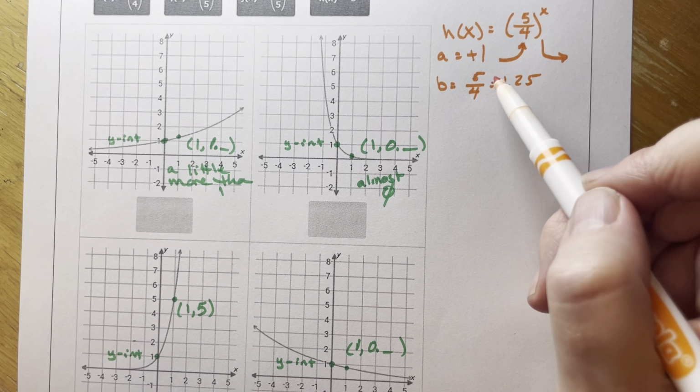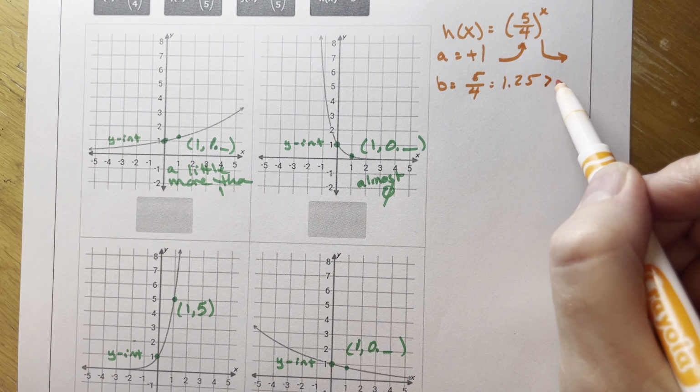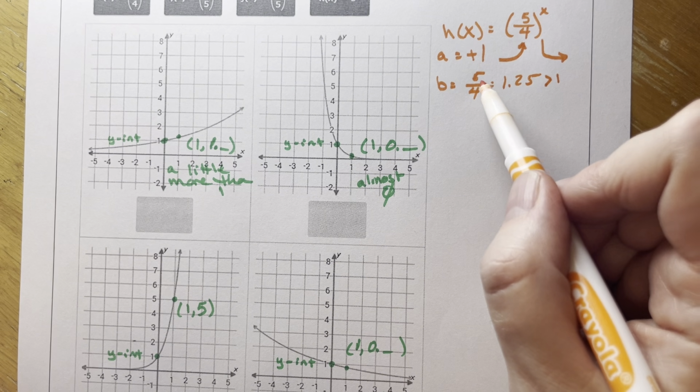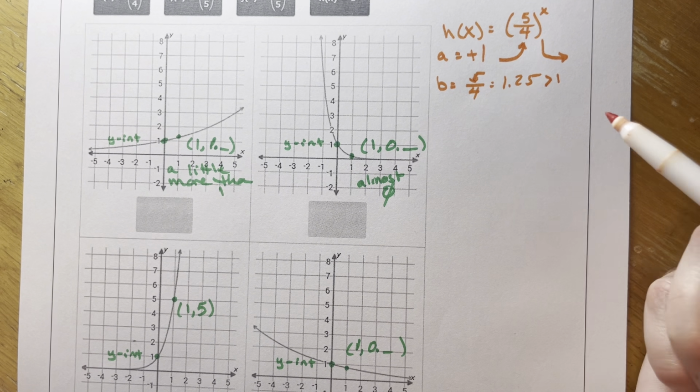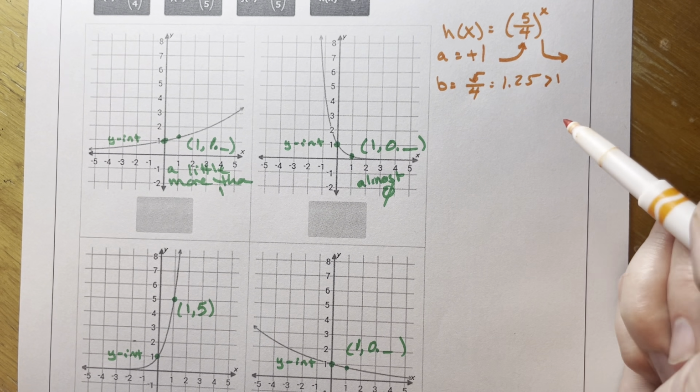A quick way to remember that this is greater than 1 as just a fraction is if your numerator is bigger than your denominator, which it is. Okay, so b is 1.25, it's 5/4, and that is definitely greater than 1, which tells us that our curve could either travel steeply upward to the right or steeply downward to the right.